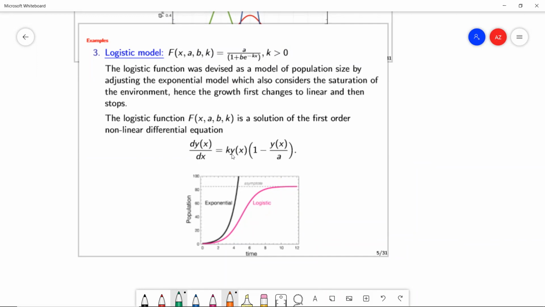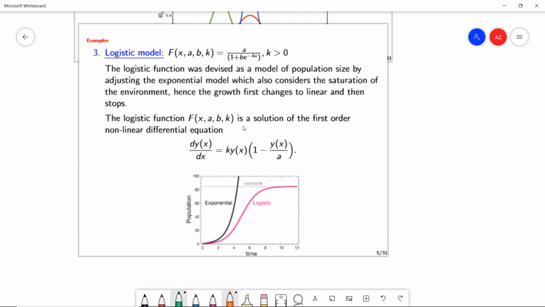It has the same meaning. So when y will be almost a, this 1 minus y over a will be almost 0, and the growth will stop. But when y will be small, this factor won't have a lot of influence on this right-hand side, because 1 minus y over a will be almost 1.